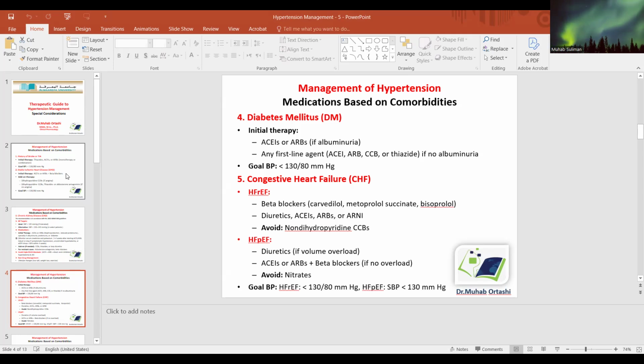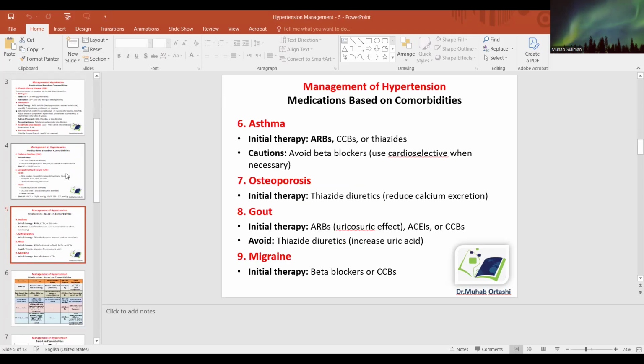We use beta blockers and ACE inhibitors when the patient has no overload. They could also be used in combination together. And we avoid nitrates in this patient. Nitrates are potent vasodilators, and they decrease the return of blood to the heart, which could affect the patient. The target is, like the other target, 130 over 80 for most patients.